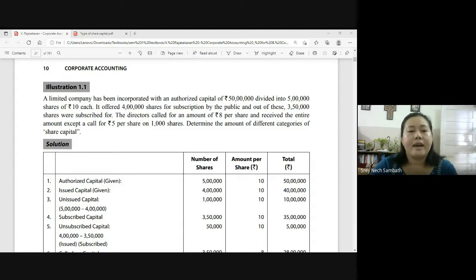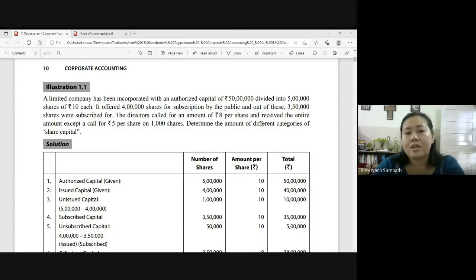So it has offered 4 lakh shares. When we divide it, the number of shares should be 5 lakhs, right? The whole thing. But it offers 4 lakhs only. You see, 4 lakh shares for subscription by the public, and out of this, only 3 lakh 50,000 shares were subscribed.